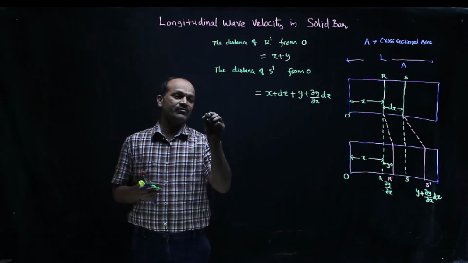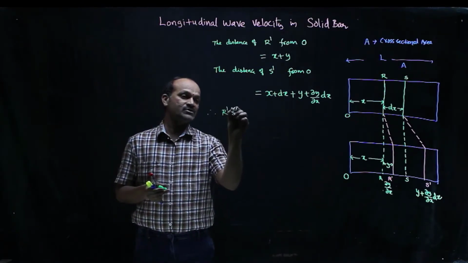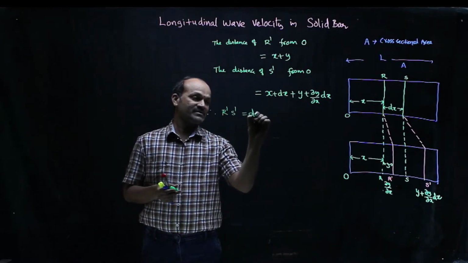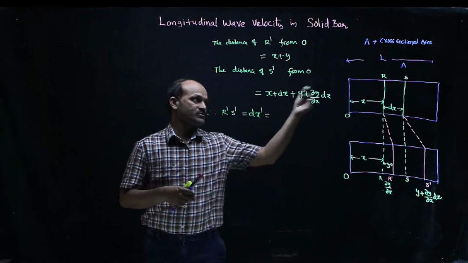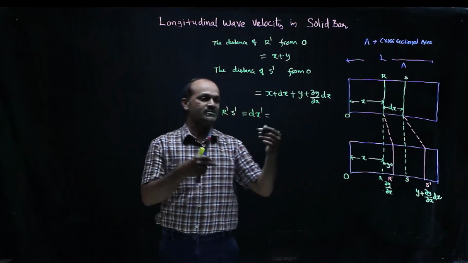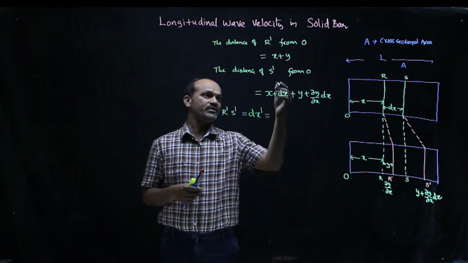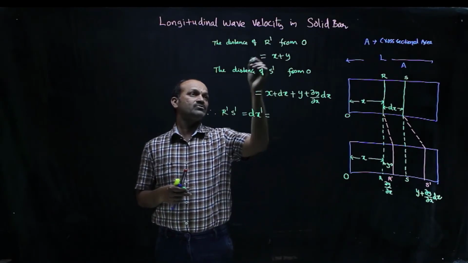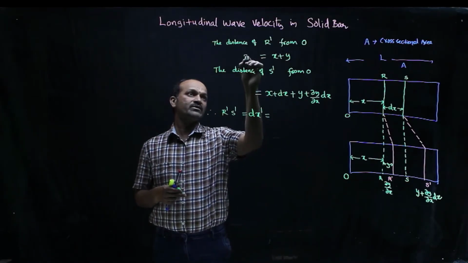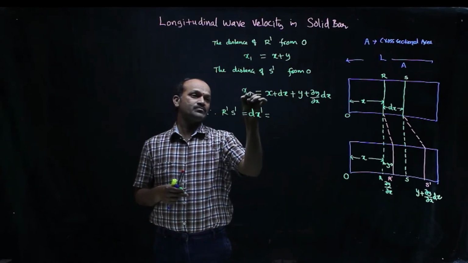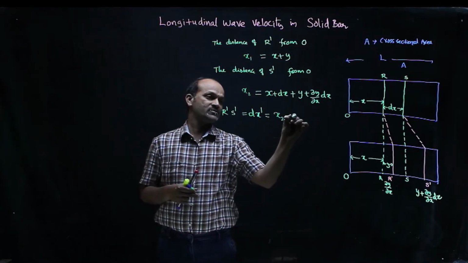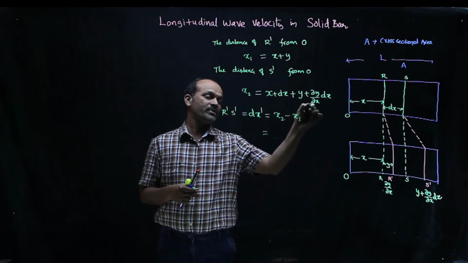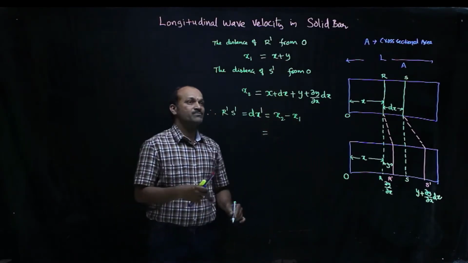Therefore, now the R dash S dash length becomes, let me write it as dx dash, because here I have taken it as dx, dx dash I am taking, simply subtracting this value from this value. Let me write x1, x2, so x2 minus x1, that is x plus dx plus y plus dou y by dou x into dx minus x plus y.